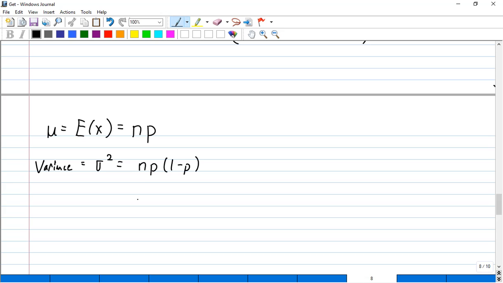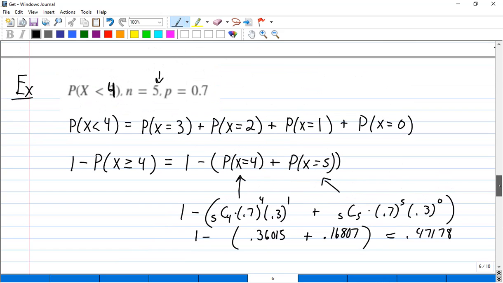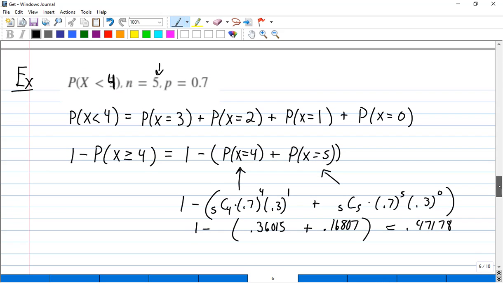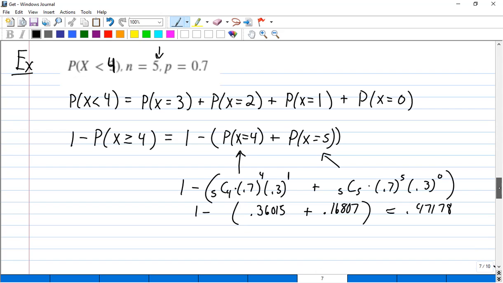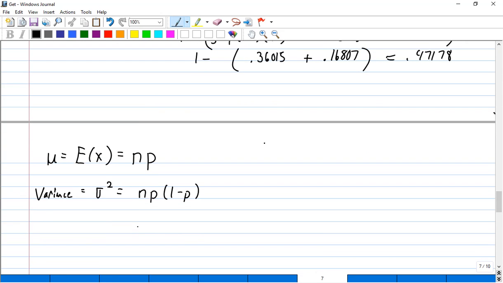So if I wanted to find the variance of this previous problem, it would be 5 times 0.7 times 0.3. That's n times p times 1 minus p. You talk about easy.